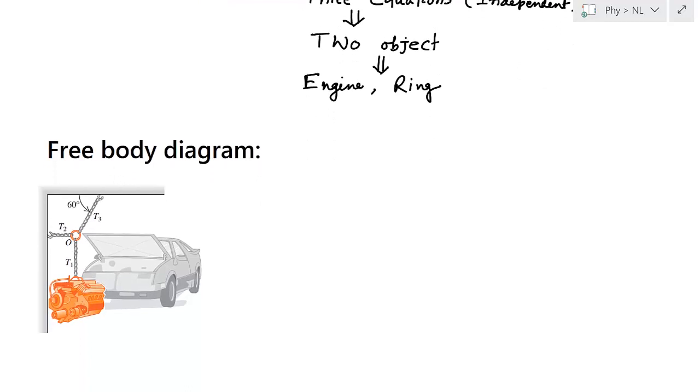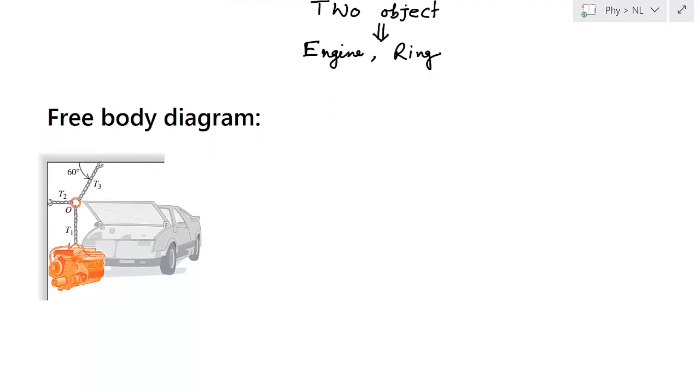So let us try to draw the free body diagram. We consider one object, the engine, and another object, this ring, draw the free body diagrams, write the equations of equilibrium, and then solve. What forces are acting on this engine? One force is the weight. Another force is that this chain is trying to pull the engine in the upward direction, that is force T1.